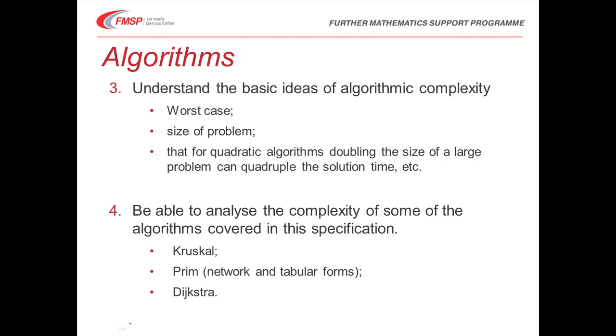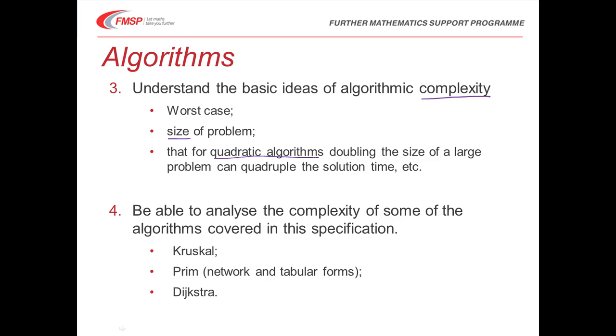Now section 3, complexity. Algorithmic complexity. For that we need to consider the worst case scenario. The graph with the greatest number of edges, a complete graph, for example. And we're thinking about what happens to the size of the problem. As the problem increases in size, how much longer does it take?